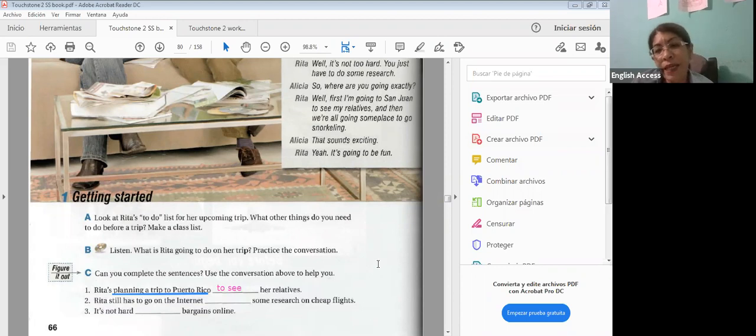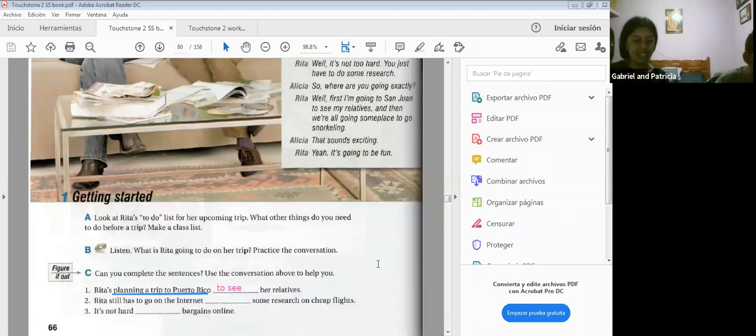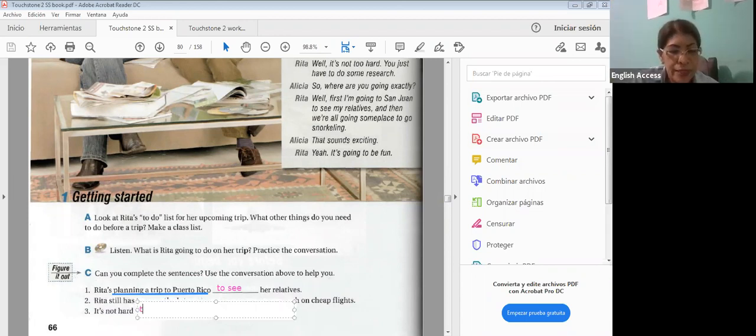And number 3, Gabby. It's not hard to find bargains online. Yes, to find. Well, if you pay attention, the missing words are these verbs, okay? Next to these verbs, we have this preposition, to.